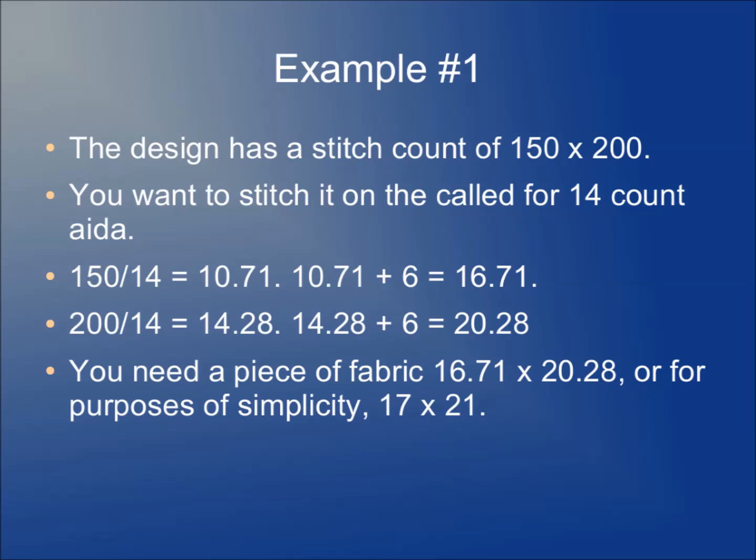And you add 6 to that, so the first side of your fabric is going to be 16.71 inches. And then the second number, 200, and you divide it by 14, and you get 14.28 inches. And so you're going to add 6 to that, and you get 20.28 inches.